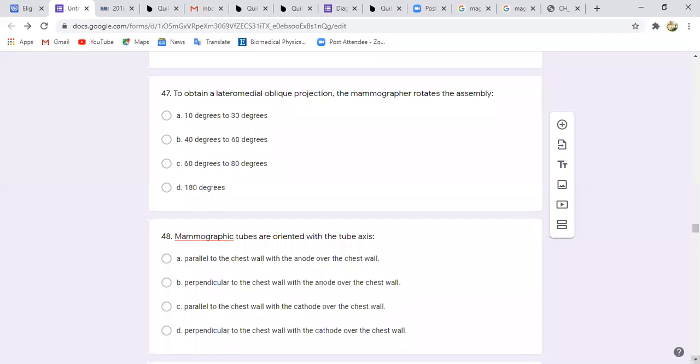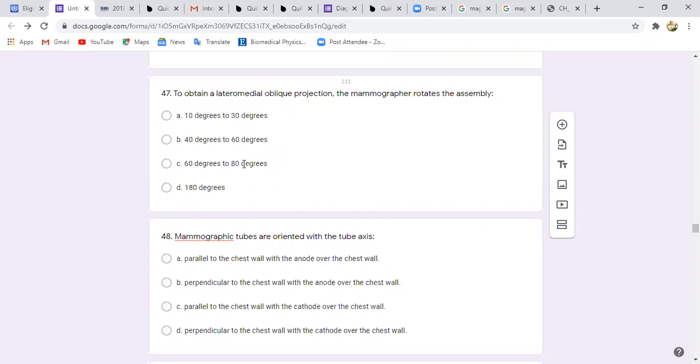So what's the tube angulation in this case? Let's just know it's around 30 to 50. The most possible answer here is around 40 to 60 degrees.